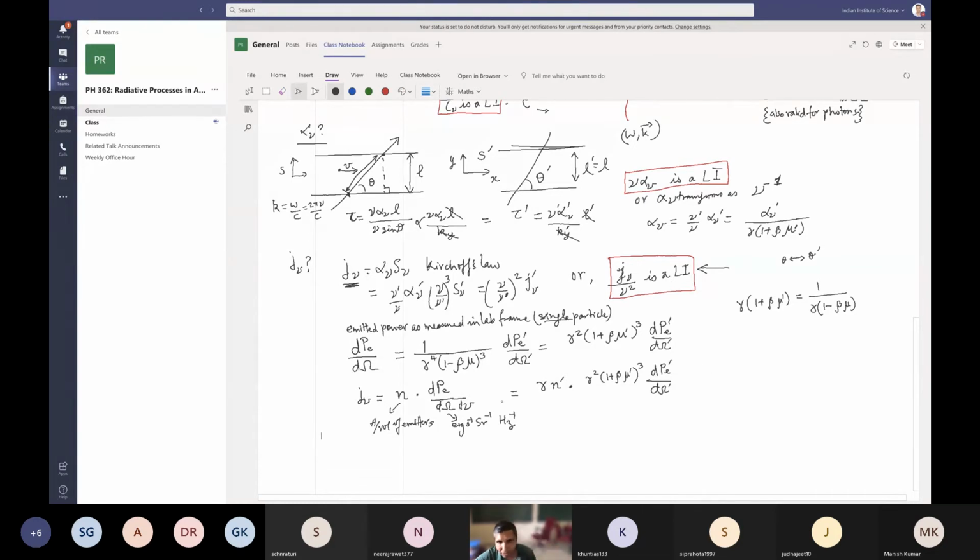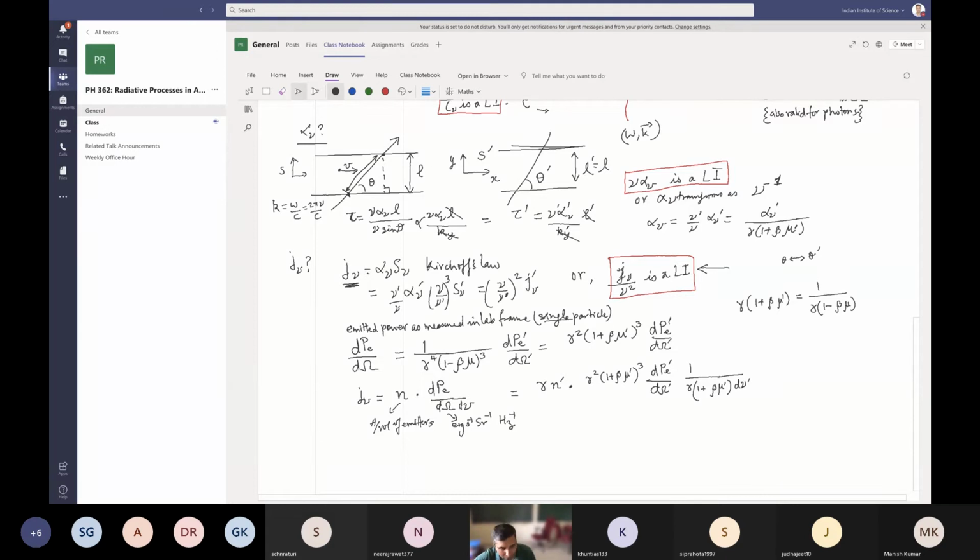And then d nu, we'll use the frequency transformation. So this is equal to gamma times 1 plus beta mu prime, d nu prime.